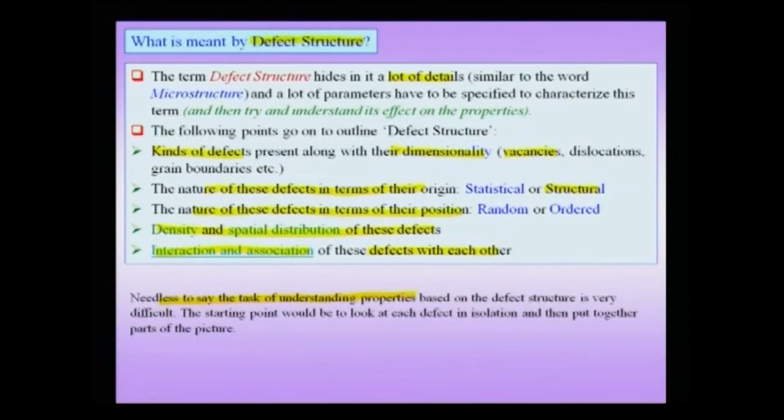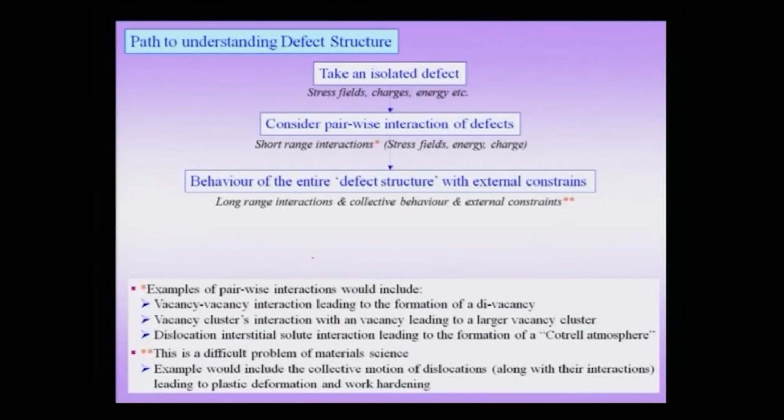What I would like to do in the coming slides is to understand these defects in terms of their dimensionality, in terms of their origin, in terms of their positional origin, in terms of their density, in terms of their spatial distribution, and last but not the least in terms of their interaction and association. So, how can I simplify this problem of understanding defects?